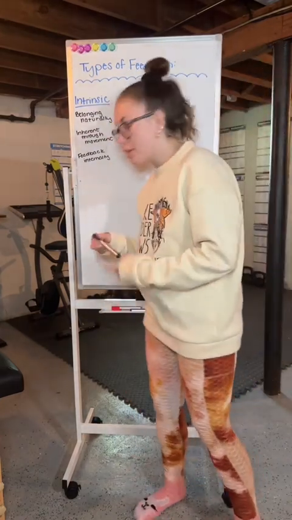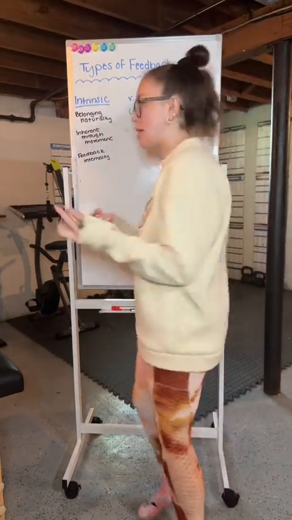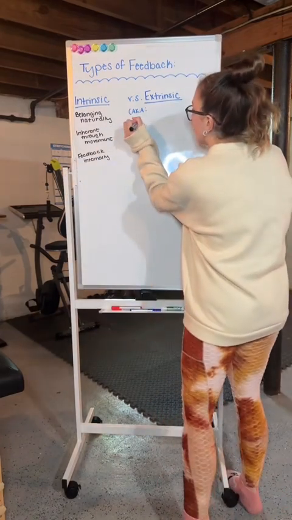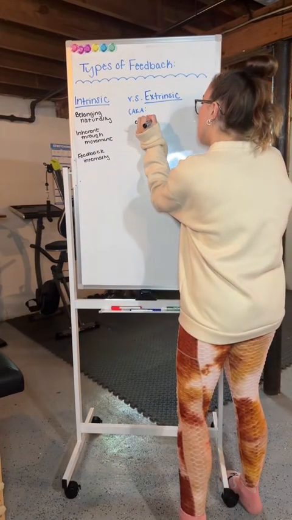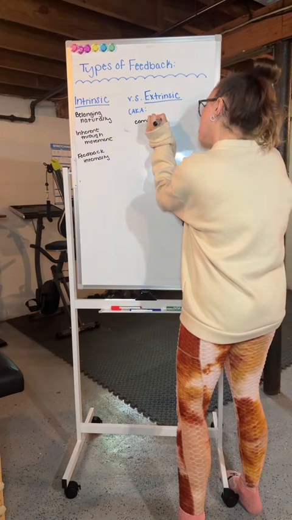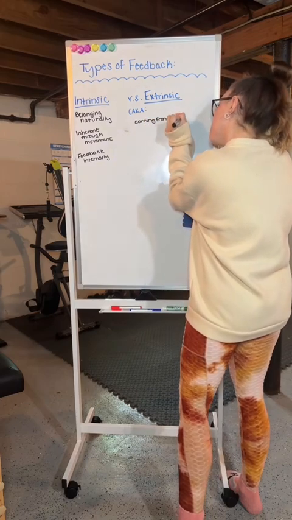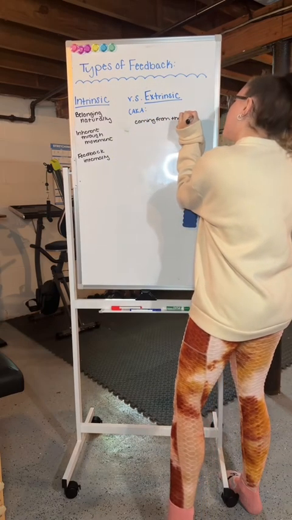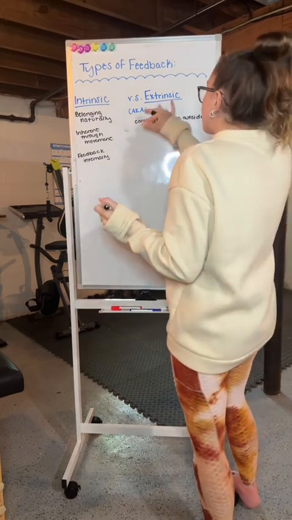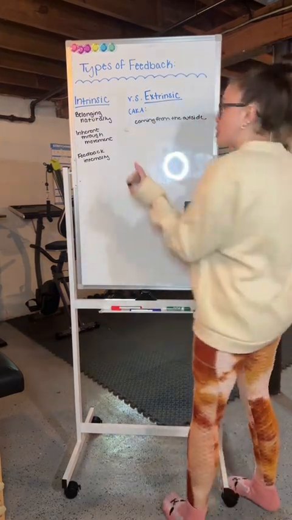The second type of feedback I would like to discuss today is extrinsic feedback. If you were to Google this word, it means coming from the outside. Now, in the physical therapy world, extrinsic feedback is supplemental information.